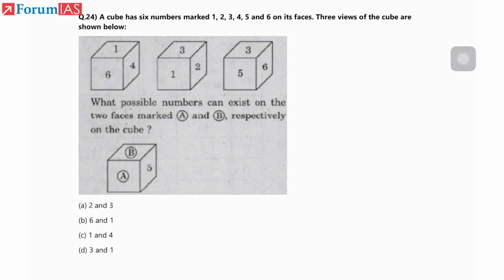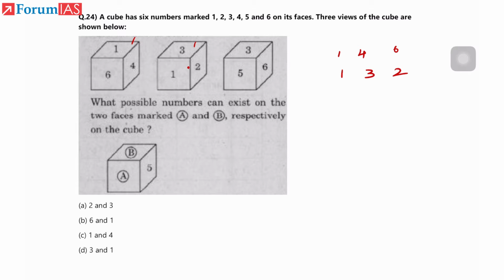They are asking which of the following possible numbers can exist on the two faces marked as A and B. So if we just go through the combinations, we have 1, 4, 6, 1, 2, 3. From this and this I can write 1, 4, 6. Then from this combination I can write 1, 3, 2.